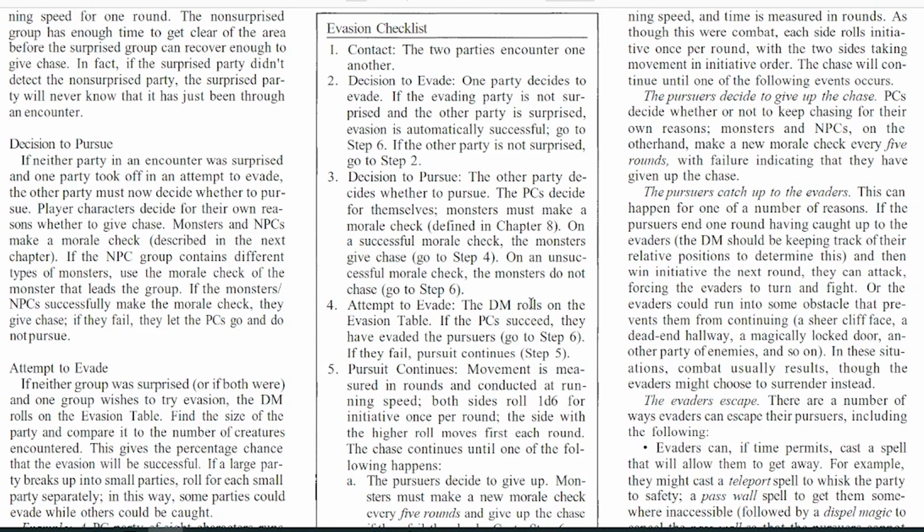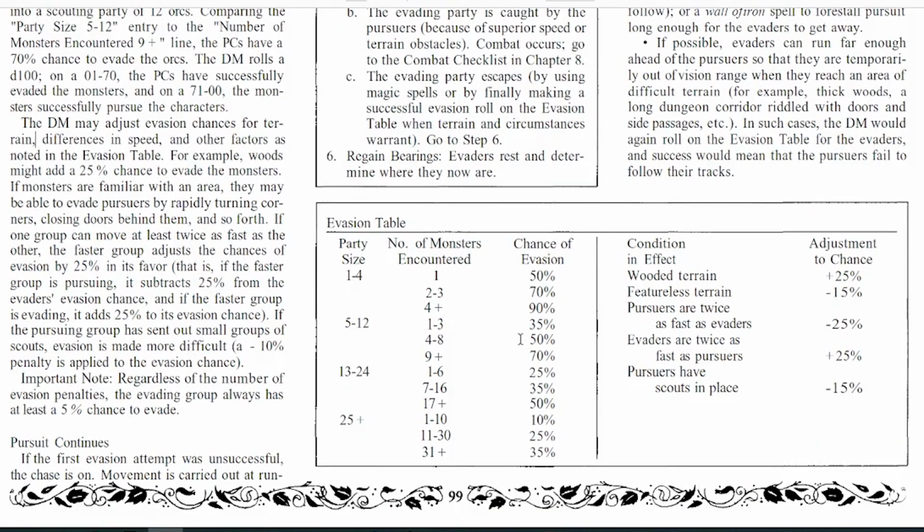So basically, if the players run away, the monsters have to make a morale check, and on a successful morale check, they decide to pursue, which I assume a success is they want to attack. It's a negative reaction. Doesn't really say in here, right? And basically, as you can see, they've got the rules for the party size, chance of evasion, effects of terrain, of speed, right? Because what will happen is they'll just give up because they can't catch you.